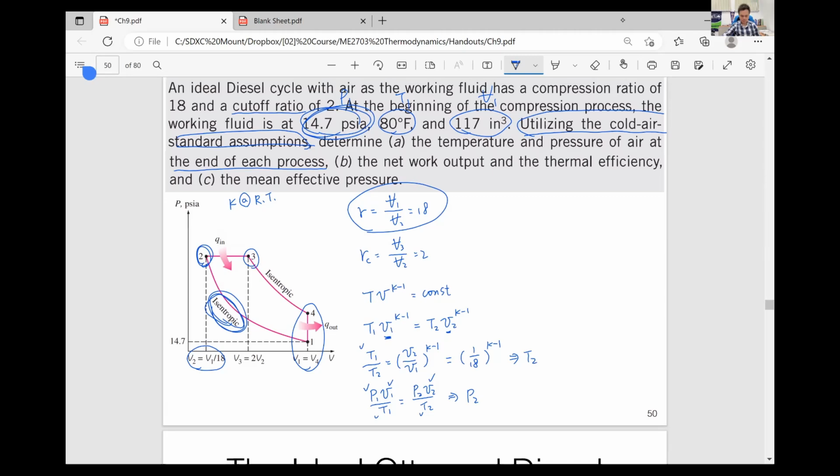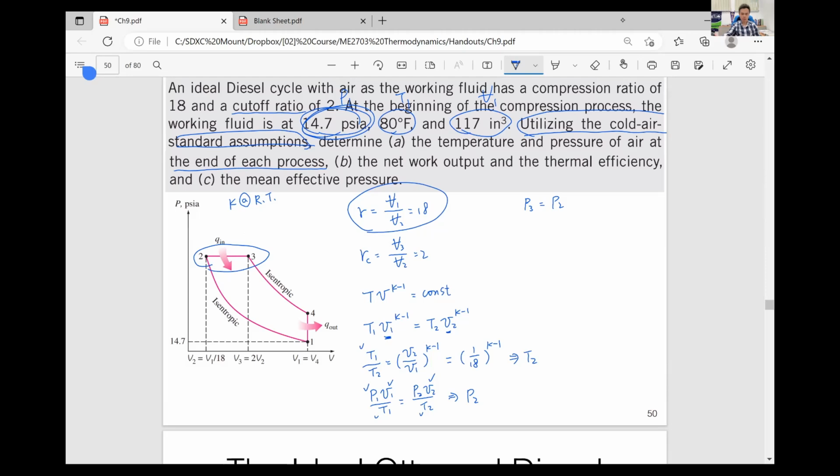All right, now we know T2, P2. Now we are looking for P3, V3, but P3 equals P2. If you know this diagram, then you can know this immediately.